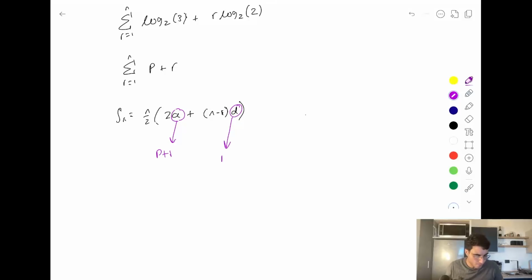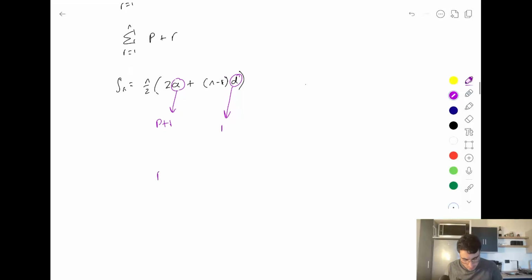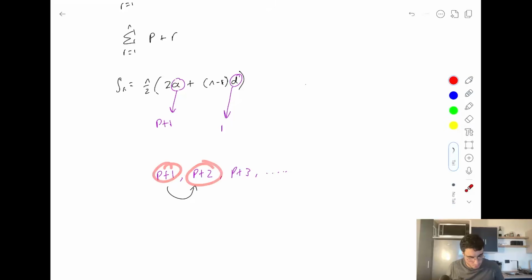Why have I said that? Because this is what our sequence looks like: p plus 1, p plus 2, p plus 3. What do we need to do to p plus 1 to get to p plus 2? We need to add 1. What about p plus 2 to get to p plus 3? We need to add 1.